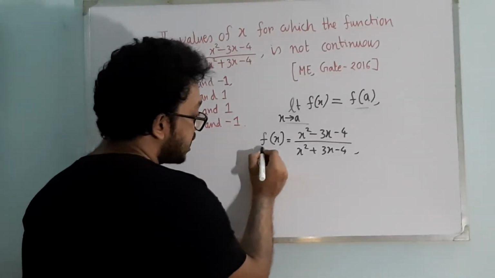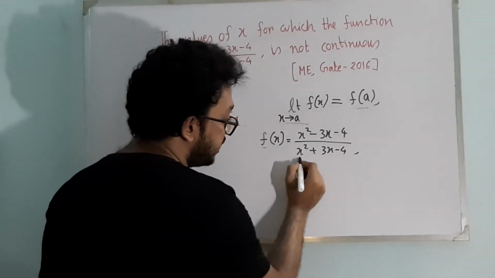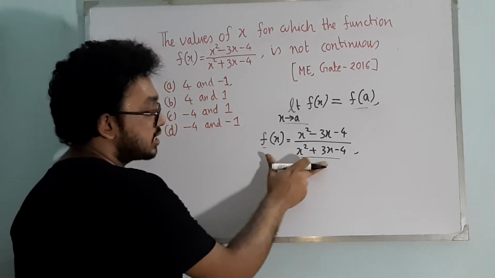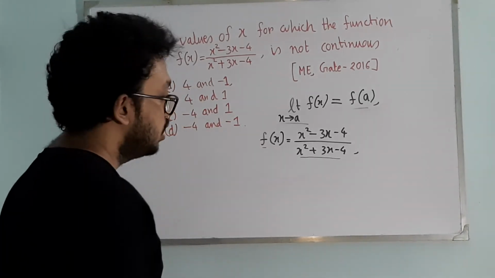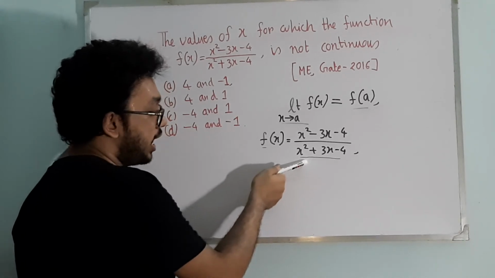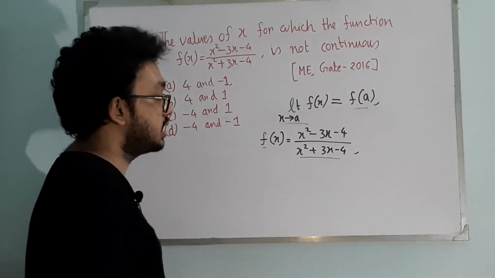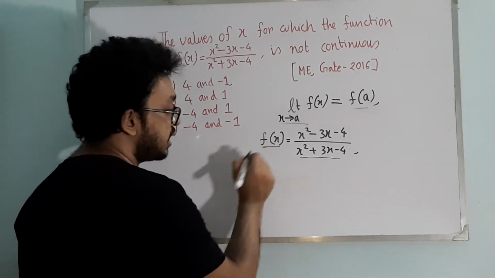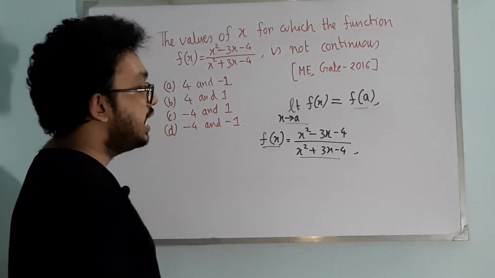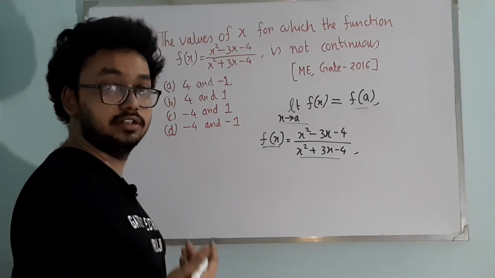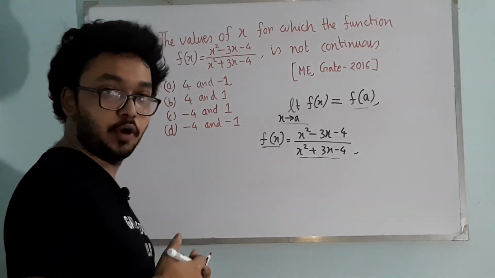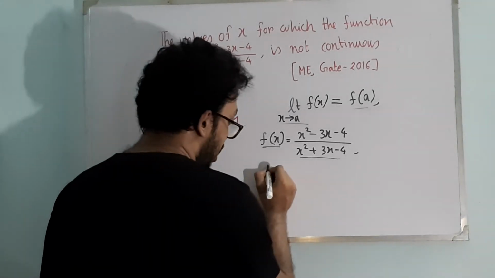Now this function f(x) will be not defined when the denominator is 0. What is the denominator? x² + 3x - 4. So those values of x where the denominator is 0, clearly at those values of x, f(x) is not defined. And if f(x) is not defined at those points, clearly the function will also be discontinuous at those points, right?